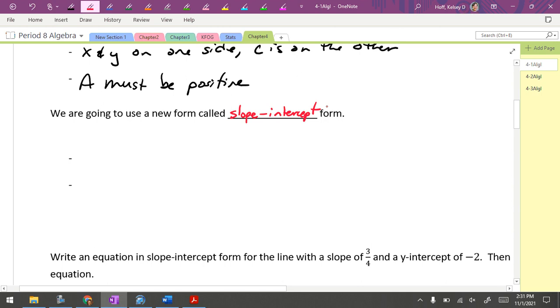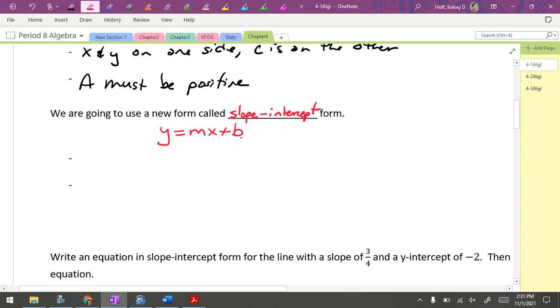Slope-intercept form. This is probably the most common equation of a line. And if you ask Mr. Bisbee any math question, guaranteed he will give you the response, y equals mx plus b. Slope-intercept form, y equals mx plus b. Things to note, y is by itself, yes?